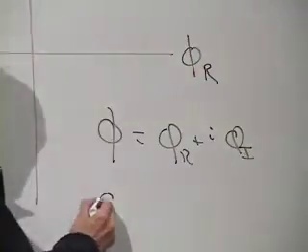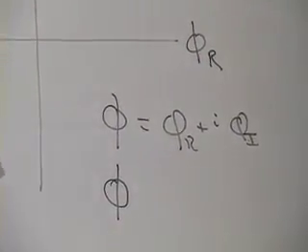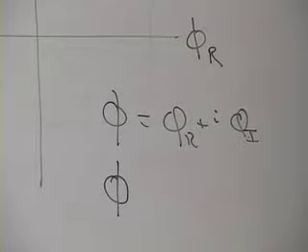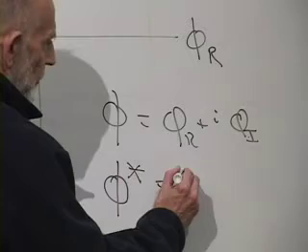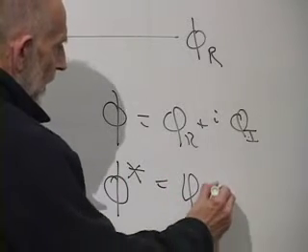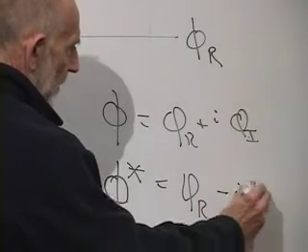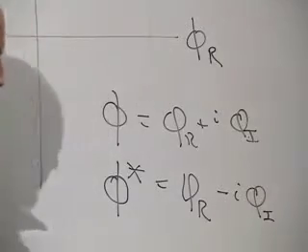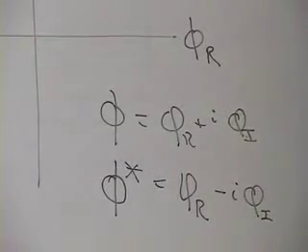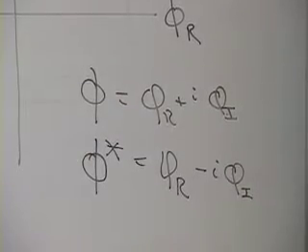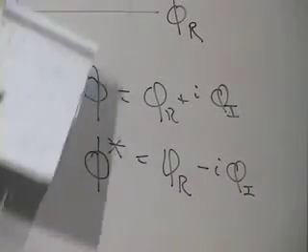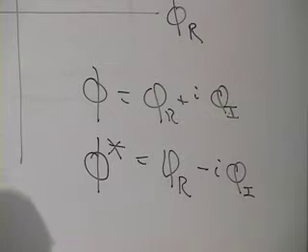And of course, there's also a complex conjugate, phi star, which is just equal to phi real minus i phi imaginary. So phi is a thing which lives in a plane, meaning the values that it takes on are in a plane.